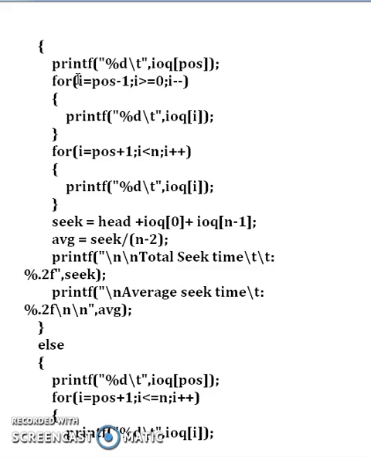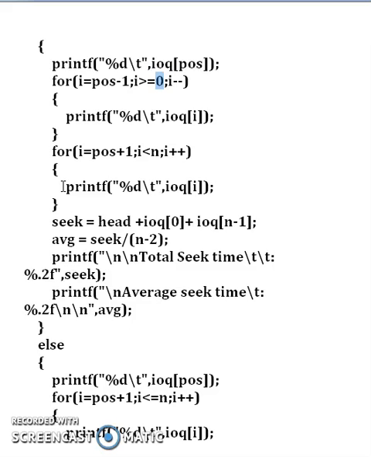Once it is moving to the decreasing order of addresses, it first displays the head value stored in the position location, and then the decreasing order addresses starting from position minus 1 till the end of the disk, that is 0. Once it reaches the end of the disk, it moves to the higher order addresses, since the lower order addresses have already been processed.